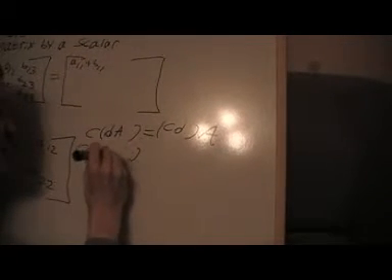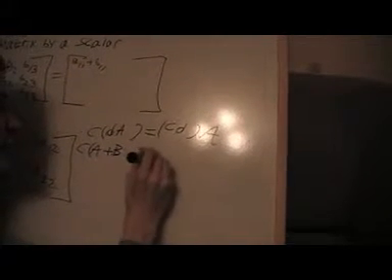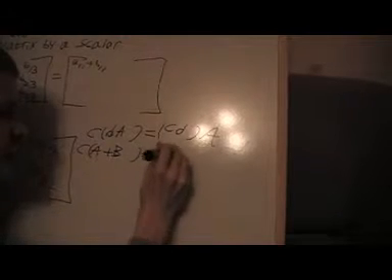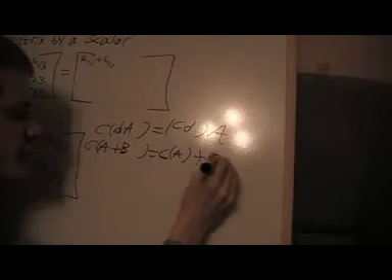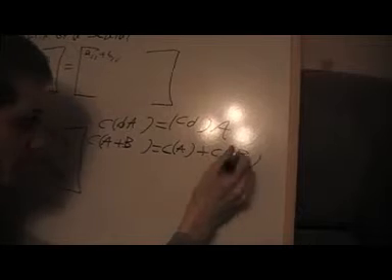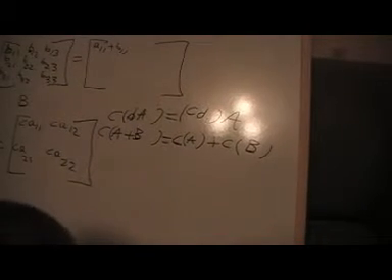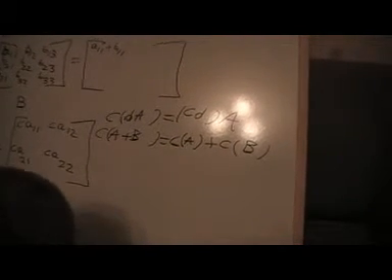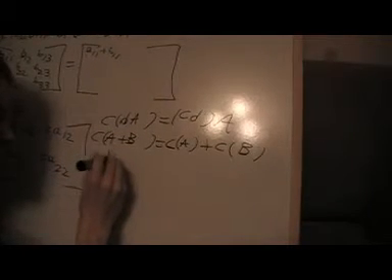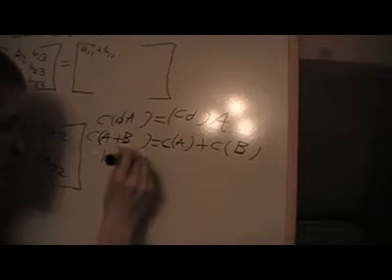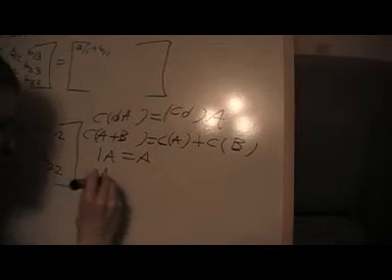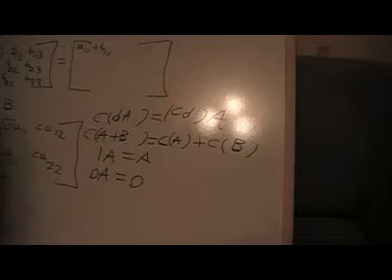Now also another property is that if I've got two matrices A and B, then that's equal to C times A plus C times B. And also, more importantly, if I have the scalar 1, so that's A, 1 times A is equal to A. If I've got 0 times A, then I get 0.